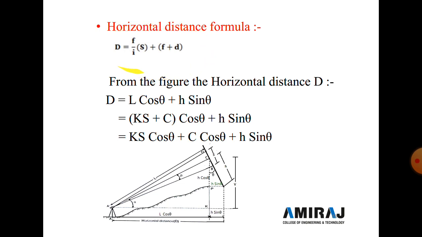Now the horizontal distance formula is d = ks + c. In other words, d = (f/i)s + (f + d). So d = L cos θ + h sin θ. Here cos θ is the vertical line and sin θ is this line. So the horizontal distance d = L cos θ + h sin θ. Here the inclined line is L and this distance is h.